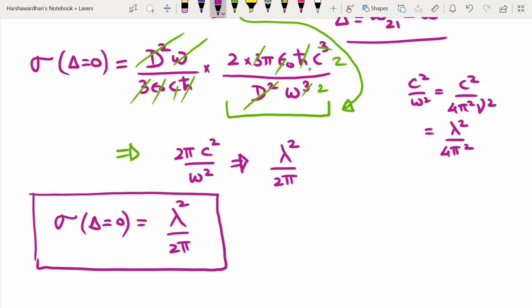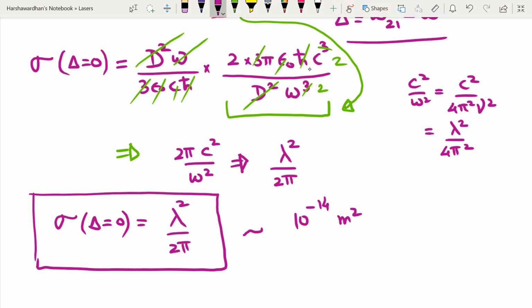Remember that the atomic size is of nanometers, and my resonant transition, for example, let's look at in visible, is about hundreds of nanometers, right? So this quantity will be about 10 to the power of minus 14 meter square, hundreds of nanometers for that matter.